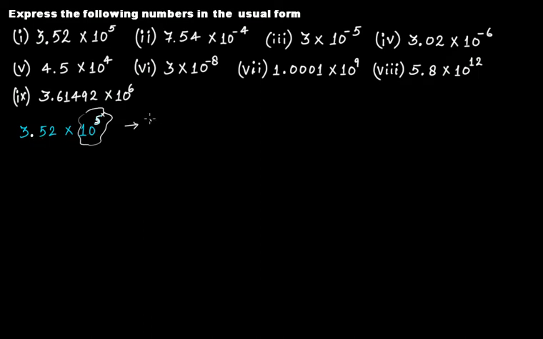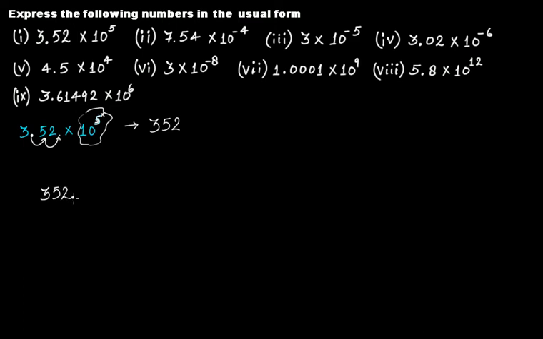Okay, so 3, 1 digit, that is 5, then 2 digits, that is 2, so 352. Now your decimal is here, 352 point.